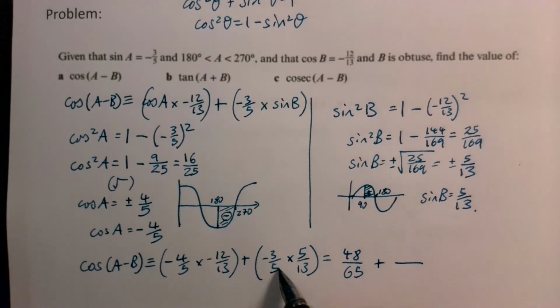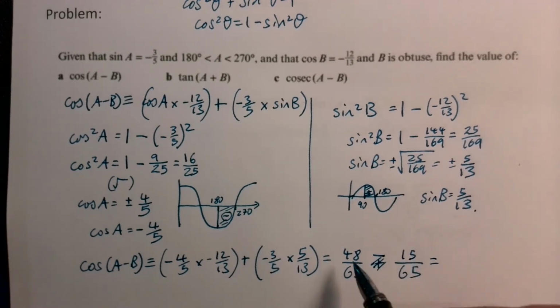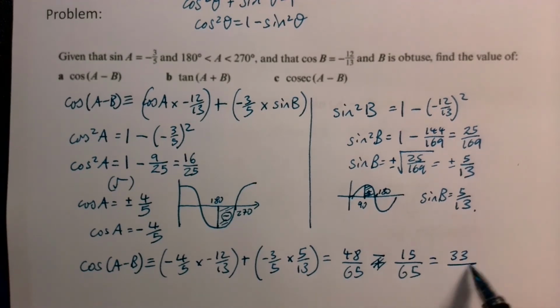We'll keep it as 65ths, even though we could cancel, so that we've got the same denominator. Oh, and it's a negative, isn't it? So that means instead of adding, we're going to be taking. And 3 5's are 15. 15 from 48 is 33. So our final answer for cos A minus B is 33/65.